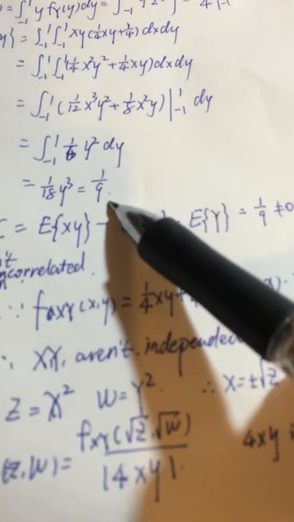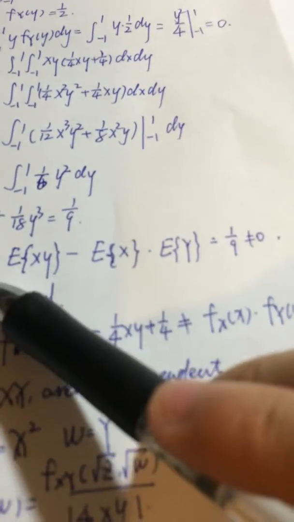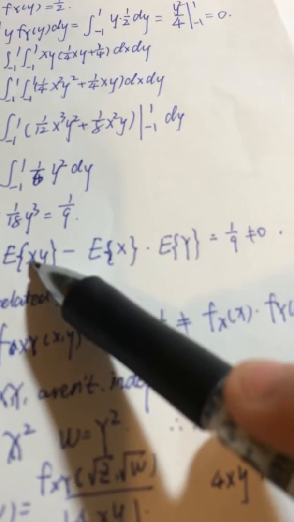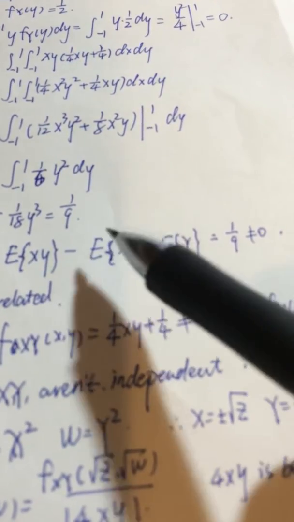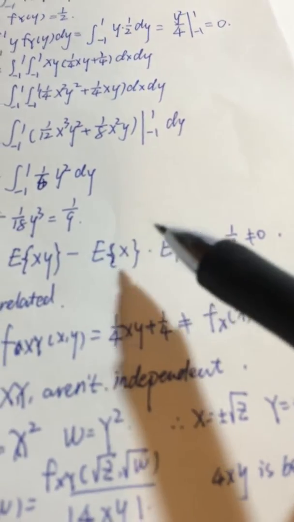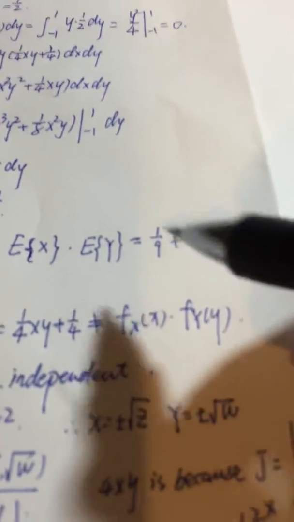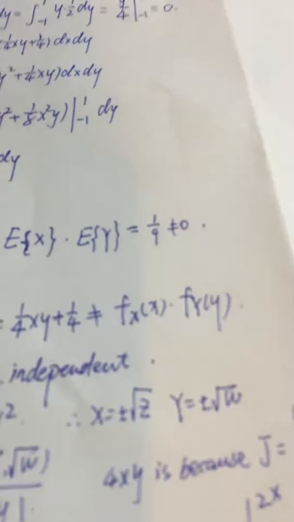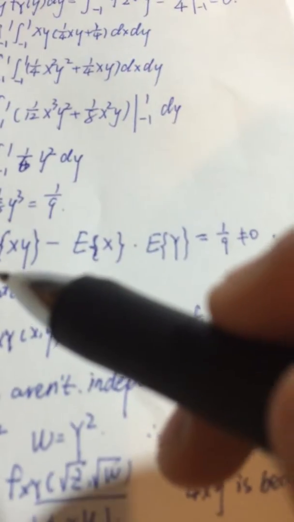So we can calculate the covariance, equal to E[XY] minus E[X] times E[Y]. If it were uncorrelated the answer would be 0, but the answer is 1/9 because it's not 0. So they are not uncorrelated.